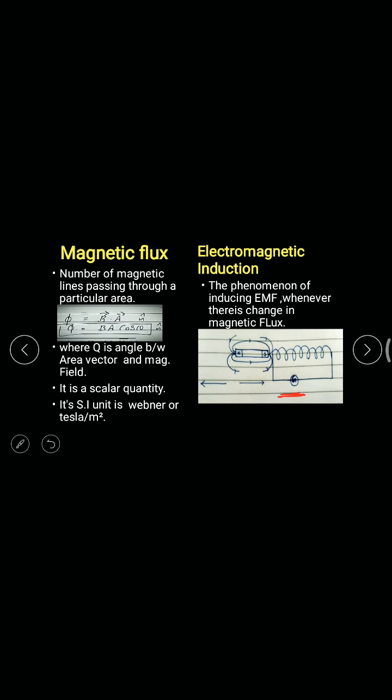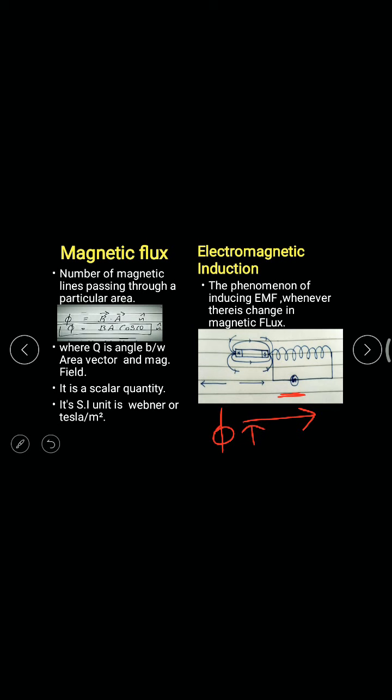If the bar magnet is coming close to this coil, the number of field lines passing through this coil, that is performing as area here, will increase, and hence the magnetic flux will increase.